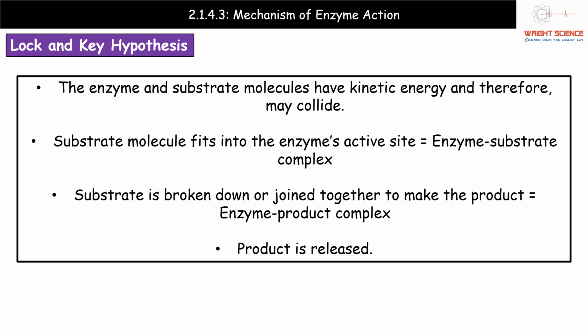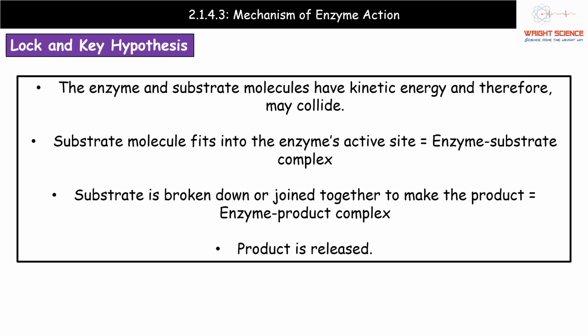Both the enzyme and the substrate have kinetic energy because they are going to be moving. Because they're both moving with this kinetic energy, there's a chance of a collision. If they collide, then we have the possibility of forming this enzyme substrate complex. That is quite simply the substrate molecule fitting into the active site of the enzyme.